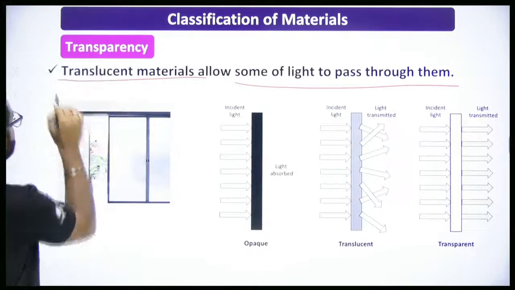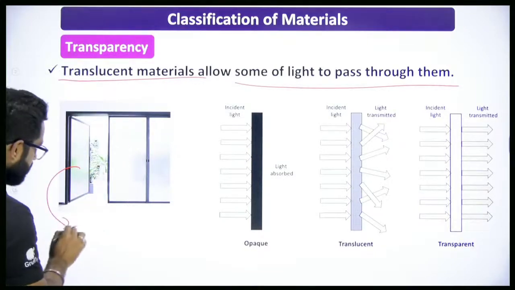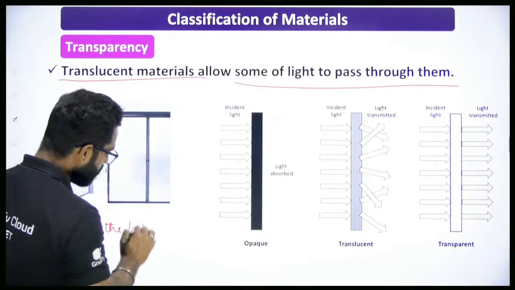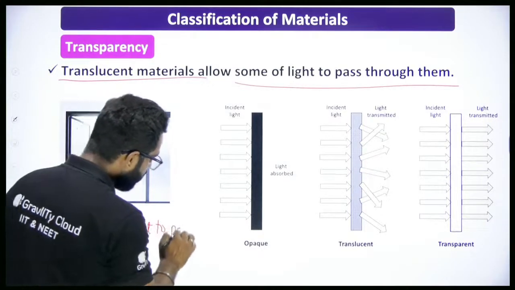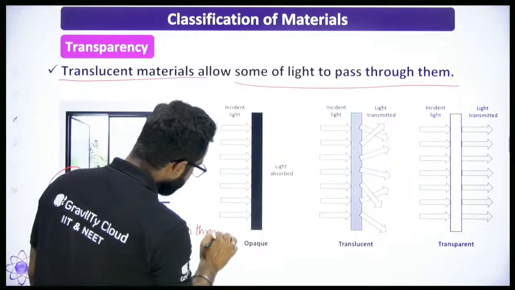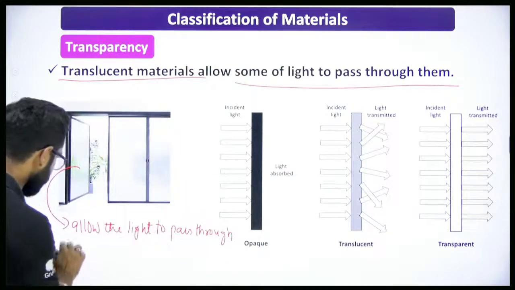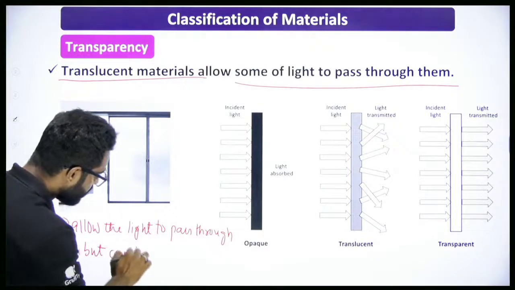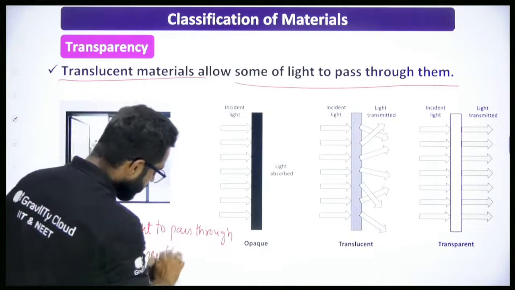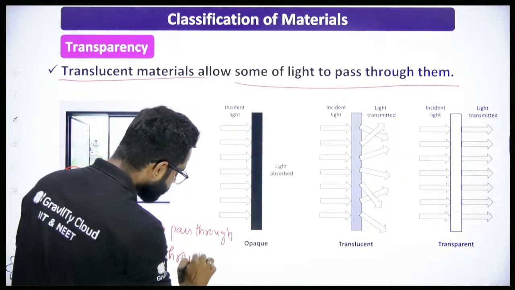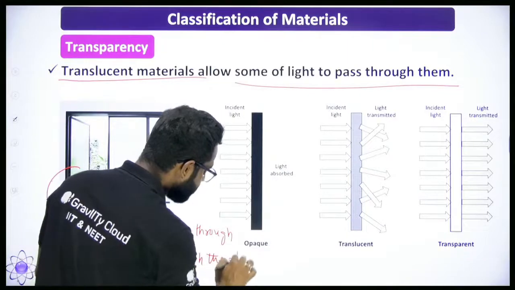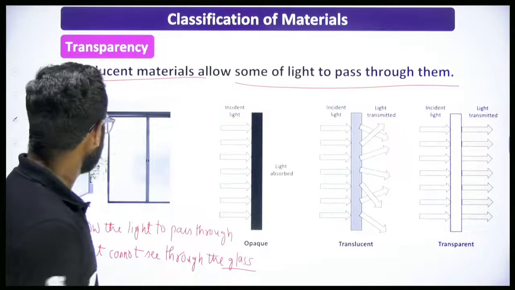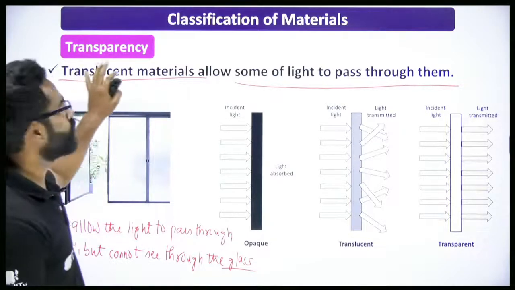So I can write it here that these glasses allow the light to pass through them, but we cannot see through the glass. Still they allow the light to pass through it, right? So such kind of glasses are called the translucent materials.